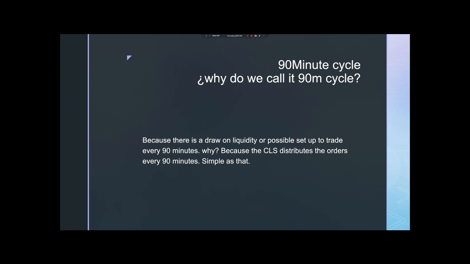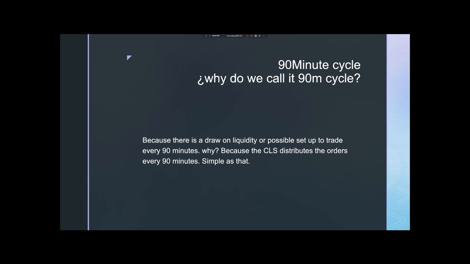That is why the 90-minute cycle: the CLS starts distributing the price from a certain level, and 90 minutes after, the orders they first started to distribute are already closed. Then they start distributing other orders. That's how the CLS works, and why the 90-minute cycle.